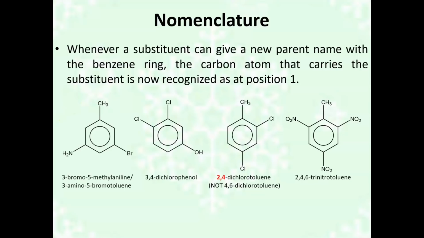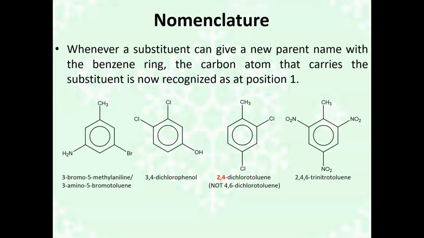Again, how to decide which one is at position 3? It's according to alphabetical order. CH3 is methyl, with the letter M, and bromine is bromo with the letter B. So it's bromo first, then methyl. And at the end, you will get the answer as 3-bromo-5-methylaniline.